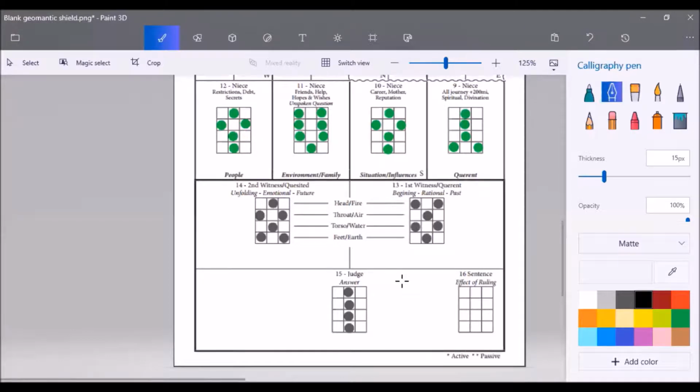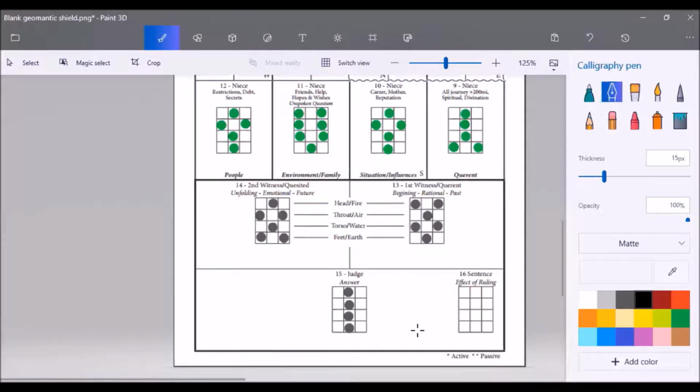So for example, Via 1, 2, 3, 4 has 4 points in it. 4 is an even number. Populus 1, 2, 3, 4, 5, 6, 7, 8 has 8 points in it, even number. Acquisitio 1, 2, 3, 4, 5, 6. Amissio 1, 2, 3, 4, 5, 6, even. You get the point I'm making here?